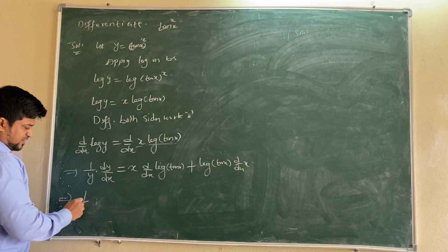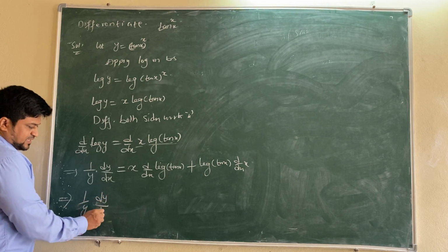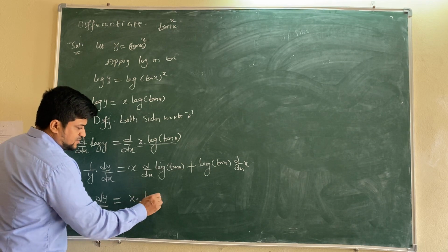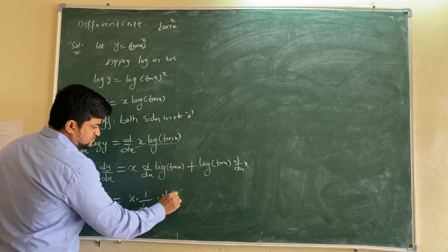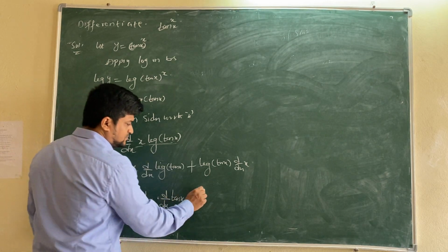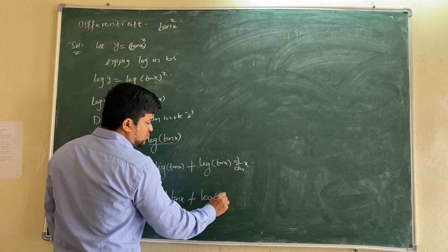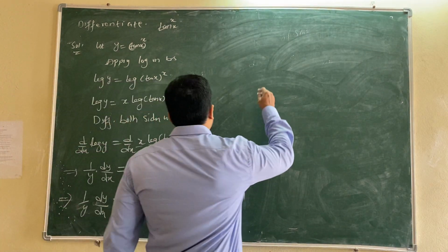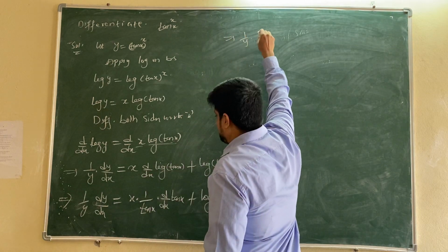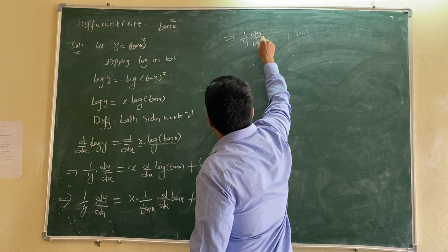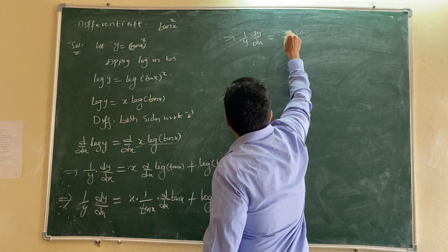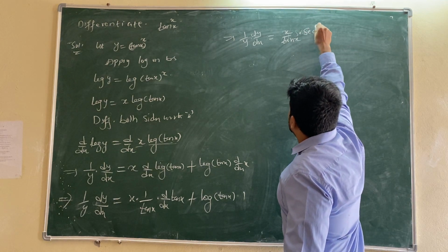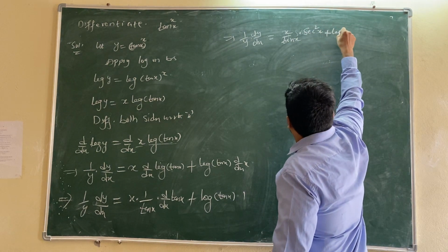Now 1 by y dy by dx equals x into 1 by tan x into the derivative of tan x, which is secant square, plus log of tan x into the derivative of x, which is 1. Many of them don't know the formulas.